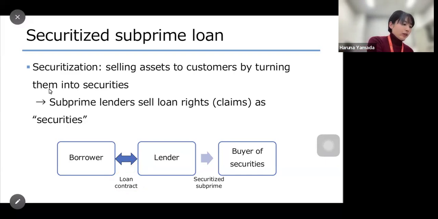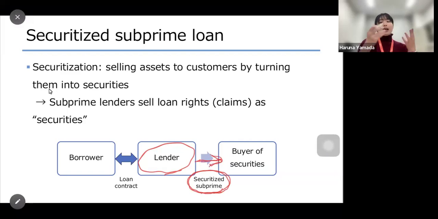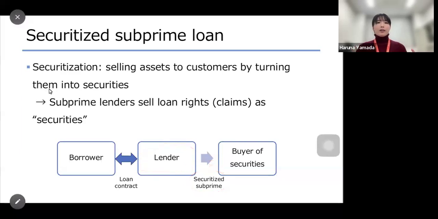Then lenders sell the securitized subprime loans to buyers. Then buyers own the loan rights. That is, at a particular time, they can get paybacks. Okay, so this is securitization.